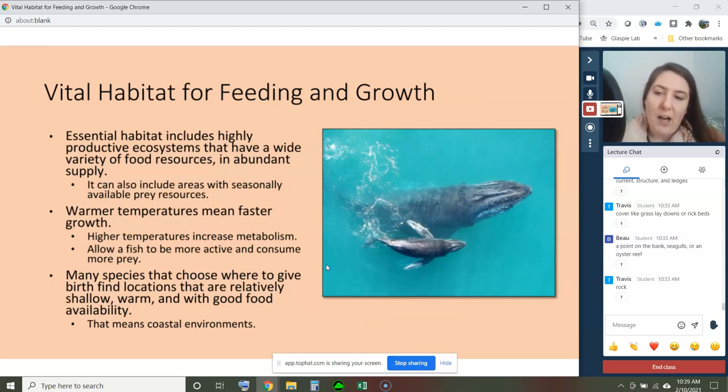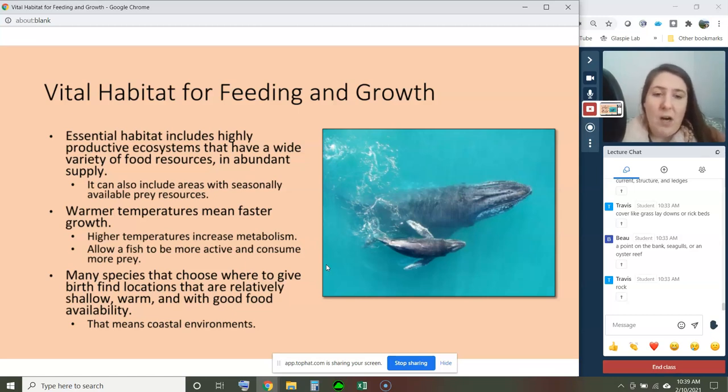Essential fish habitat also includes some highly productive ecosystems that have a wide variety of food resources in abundant supply. So essentially that's the feeding component of the definition of essential fish habitat. It can also include areas with seasonally available prey resources, so where prey are really abundant in a given season.